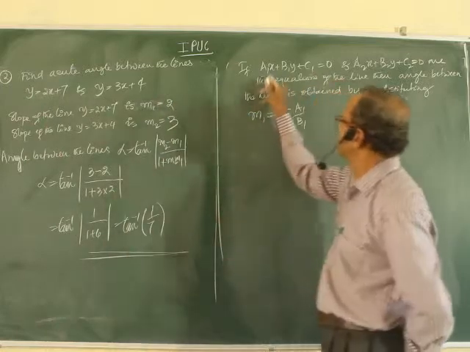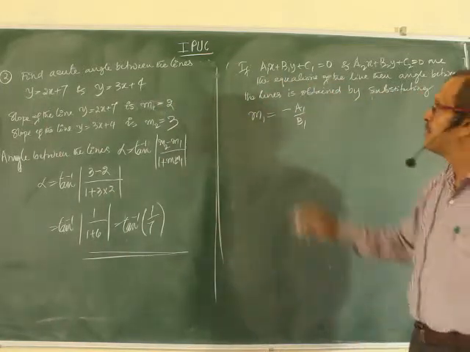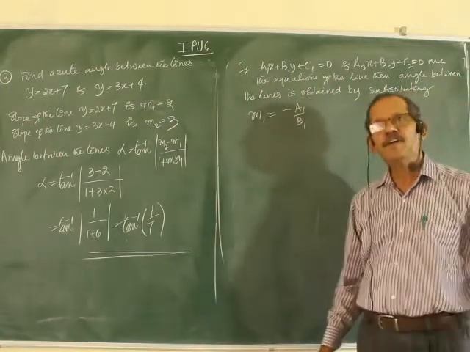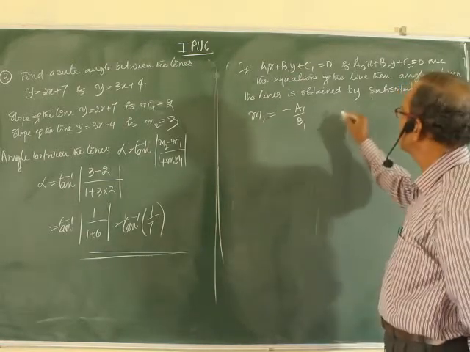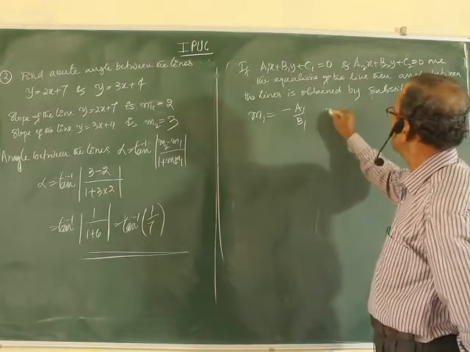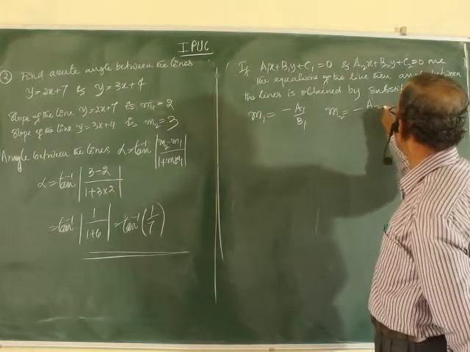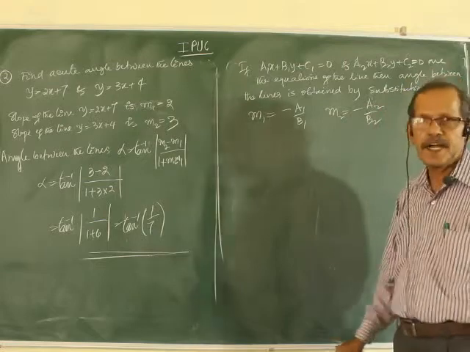But if the equation is given in another form, you have to find the slope first, then you have to find the angle. Minus a1 by b1, m2 equal to minus a2 by b2. What you get?